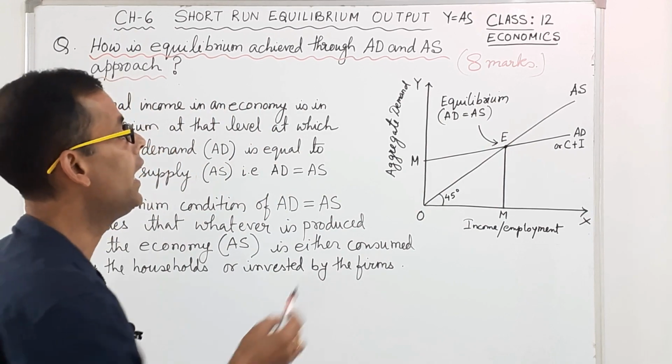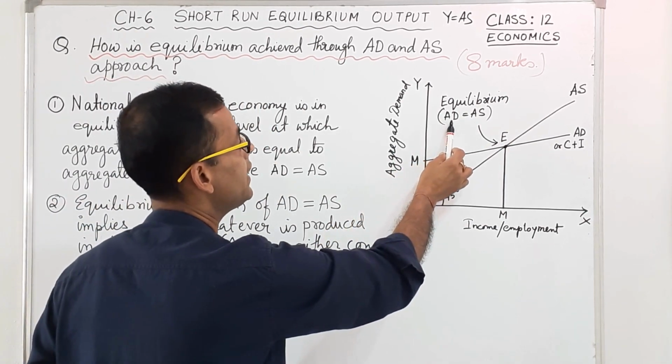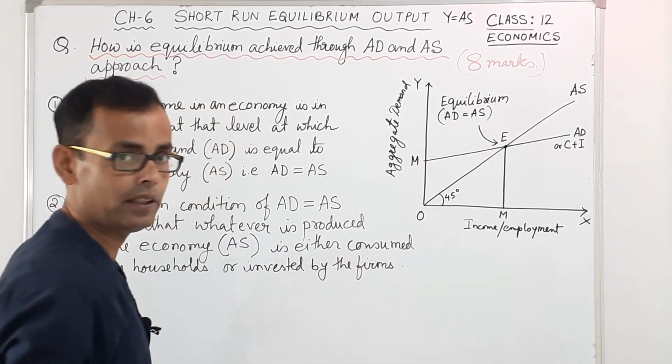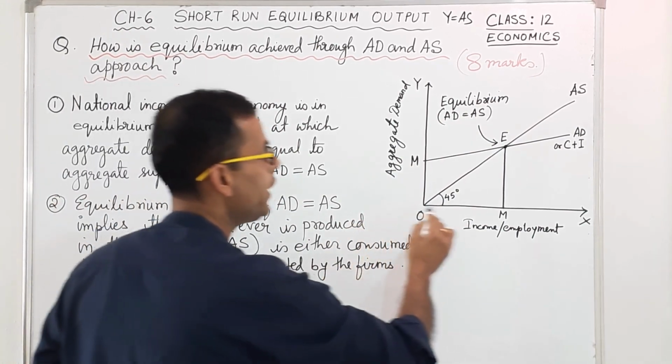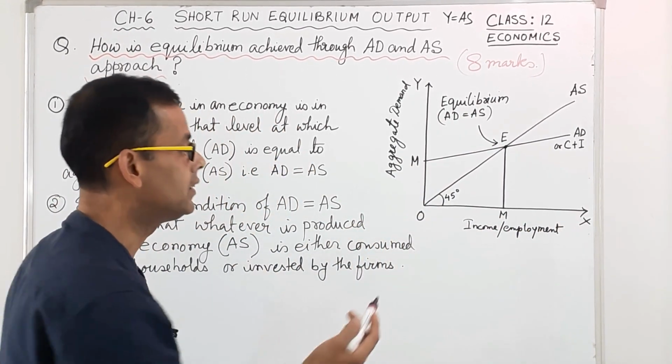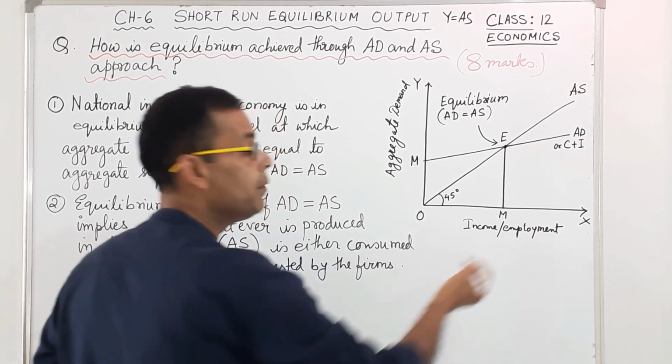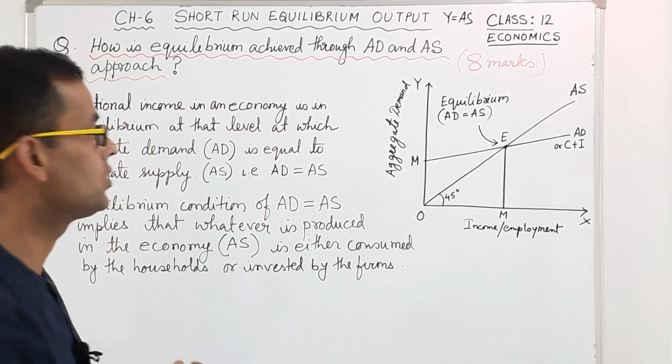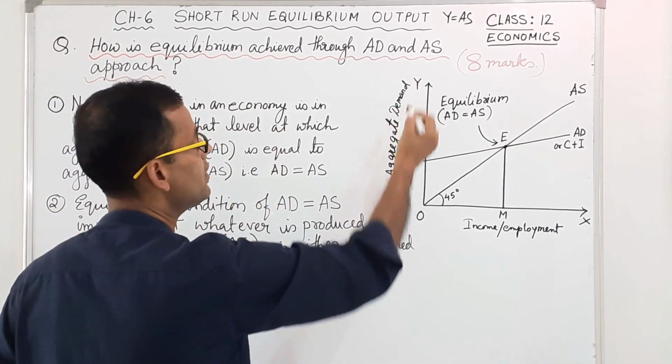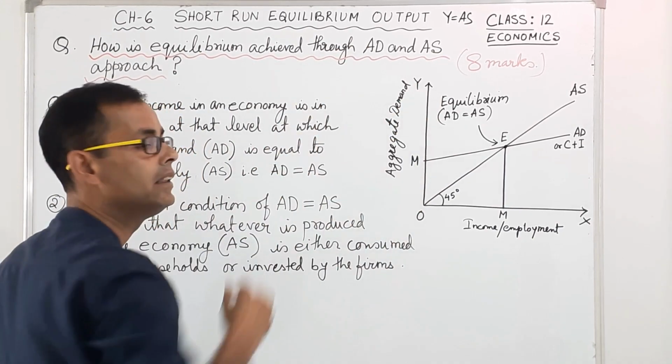Clear? Here aggregate demand is equal to aggregate supply. The OX axis represents income or employment of resources, and the OY axis represents the aggregate demand.